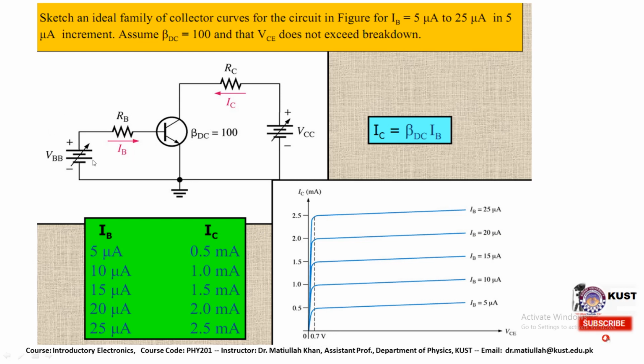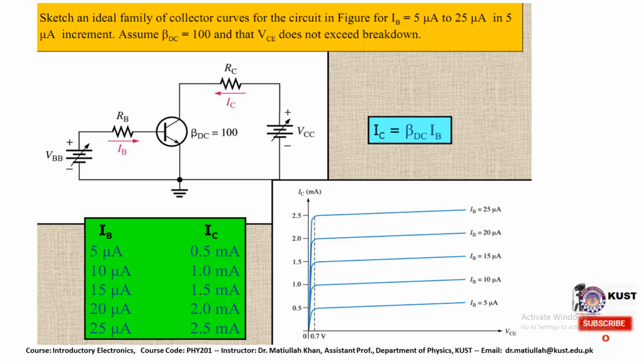To find the collector current, for 5 microampere base current we have 0.5 milliampere collector current, for 10 microampere there should be 1 milliampere, for 15 microampere there should be 1.5 milliampere, for 20 microampere there should be 2.0 milliampere, and finally for 25 microampere of base current we have 2.5 milliampere of collector current. This is the simple explanation and understanding of the simple problem in this slide.